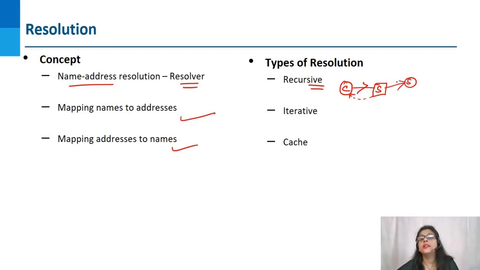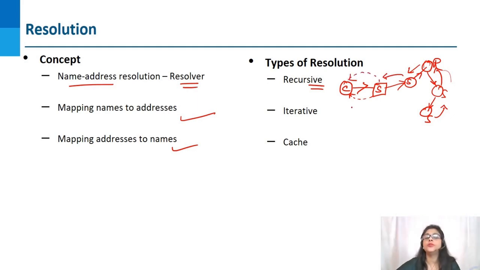If it is not, then it will send it to the corresponding server till the root server is reached, from the root server again to all other servers, and ultimately if it reaches the desired server, from this server again the response will be fed back to the root server, from the root server to these intermediate servers, and finally this server will be able to give back the IP address of the name that the client has asked for. So this is known as a recursive type of resolution.